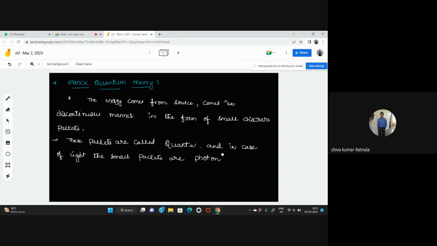And the next point is the energy of quanta is directly proportional to frequency.